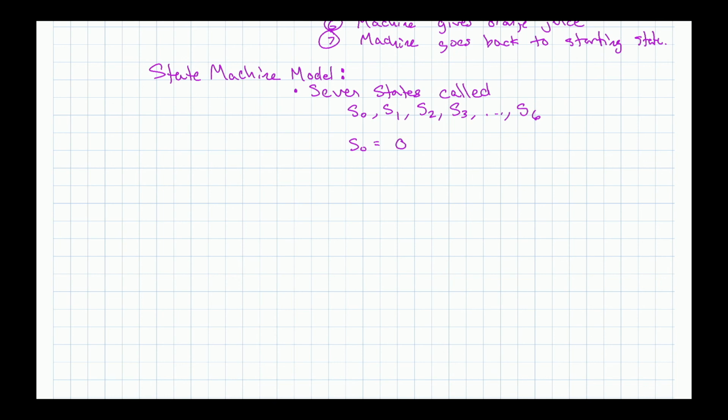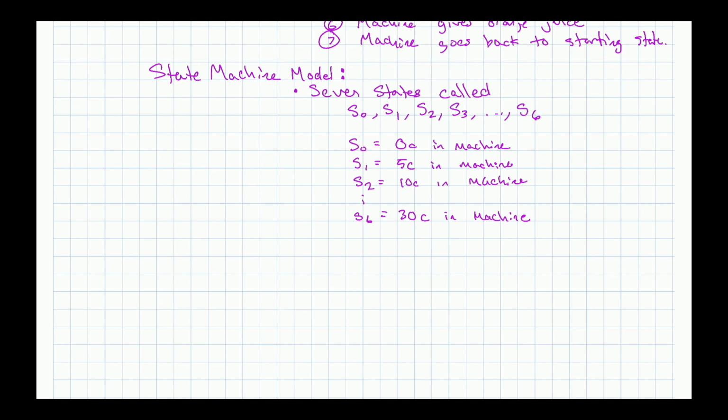S0 is 0 cents in the machine, S1 is 5 cents, S2 is 10 cents, and so on, until you get to S6. S6 would be 30 cents in the machine. You just multiply the index by 5. So 6 times 5 is 30. So those are your states.